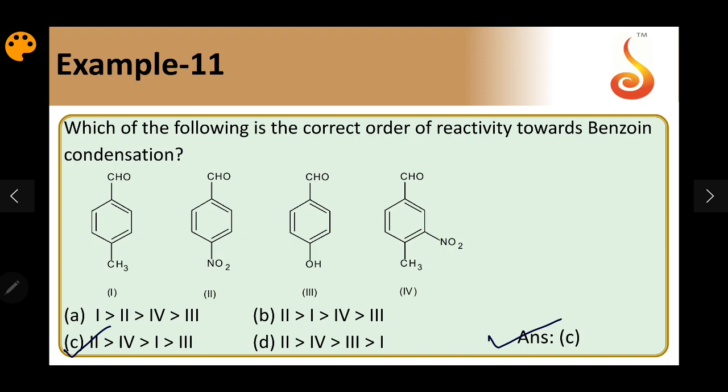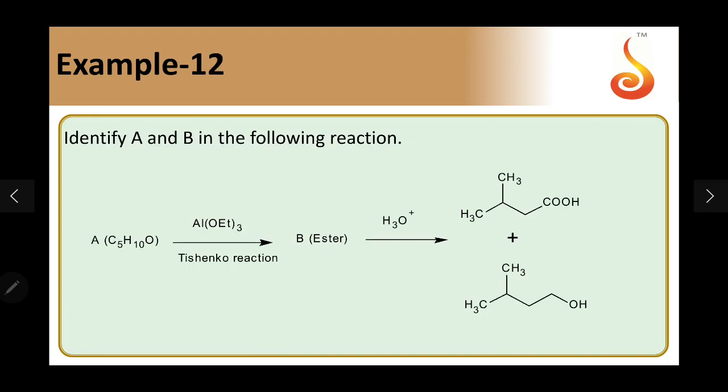We will go to the next question. Example 12. Identify A and B in the following reaction. So, it is given as C5H10O with aluminium ethoxide, and it is given very clearly as the Tishchenko reaction.